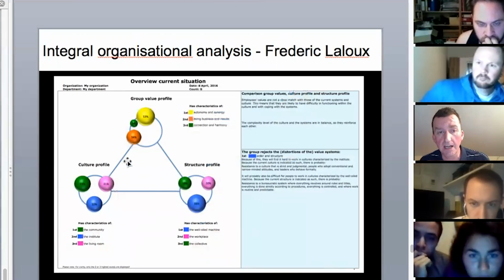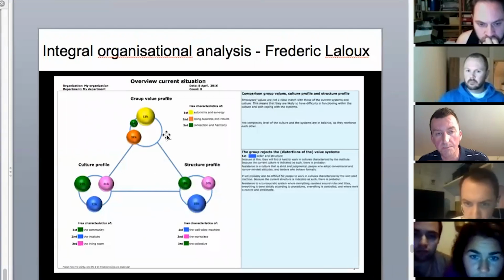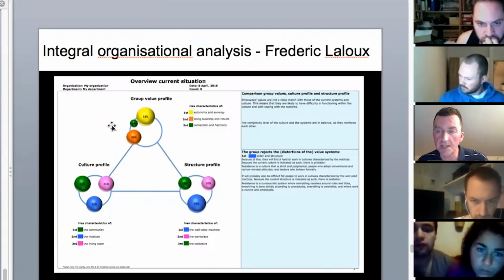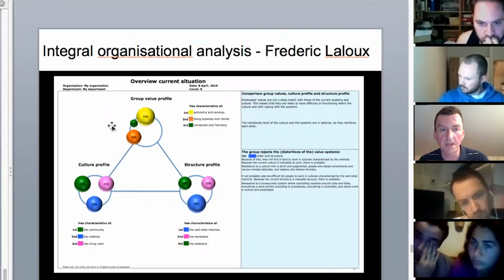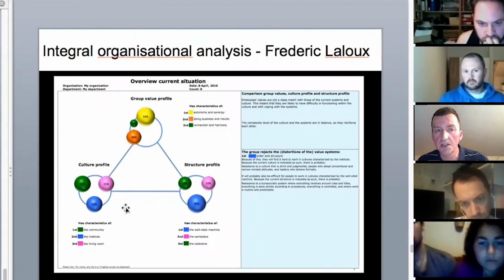There's a whole report that goes with this, breaking it down into ever more granular detail. But you can see a group value profile. So how does the group stack up in terms of its values? How does that relate to how it sees the culture and the structure of the organization? And then that report goes deeper into how they would like to see the structure.